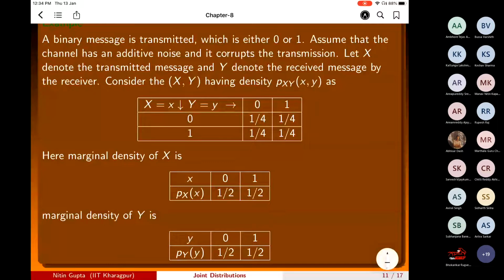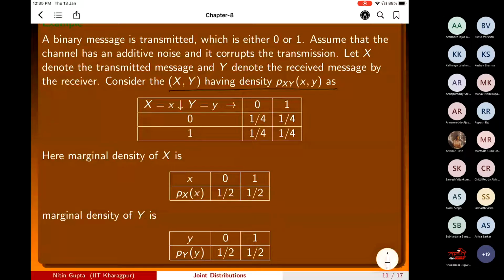So a binary message is transmitted, which is either 0 or 1. Assume that the channel has additive noise and it corrupts the transmission. Let x denote the transmitted message, and y denote the message received by the receiver. X and y have the joint density function as follows.